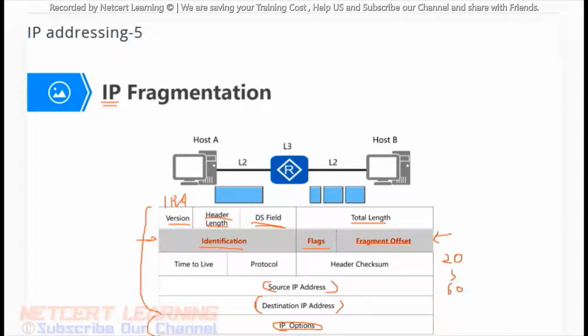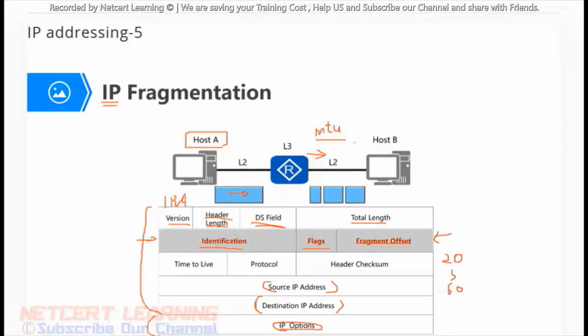Fragmentation means the host A, when the host A sending out one packet, but when the router sending to another network segment, in the previous chapter, in the Ethernet chapter, we know there is a concept of MTU, the maximum transmit unit.